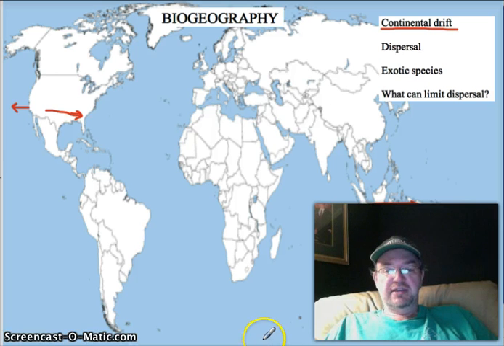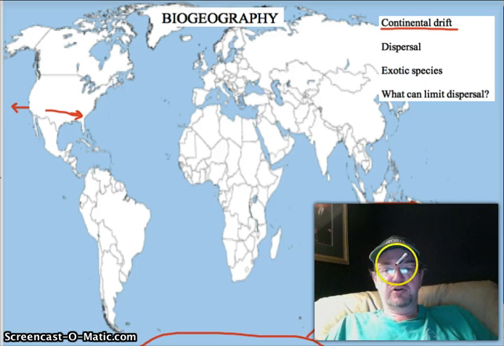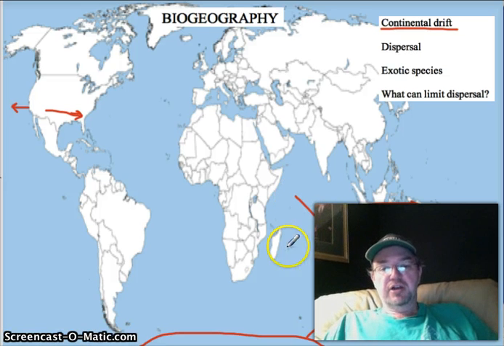They're suspecting that Antarctica, which is not down here, but I'll draw a smaller Antarctica, was actually connected to Australia at first, and they were two of the first continents to break away from the other continents.